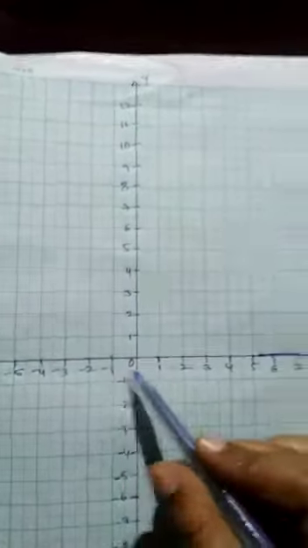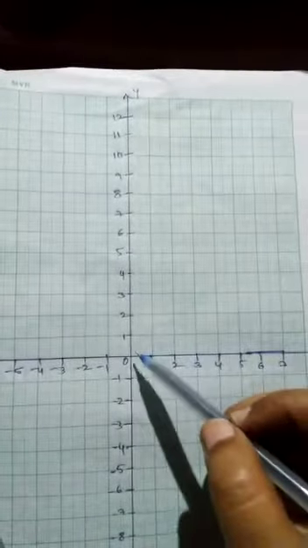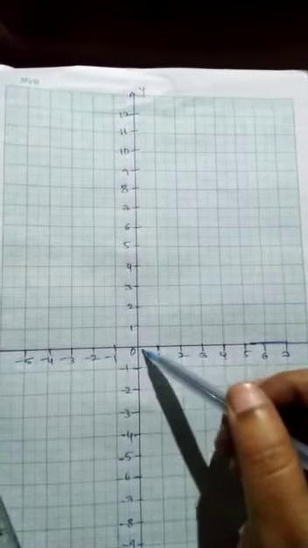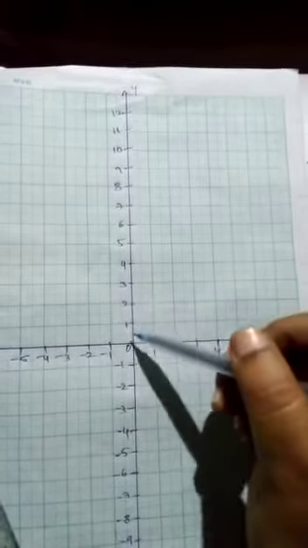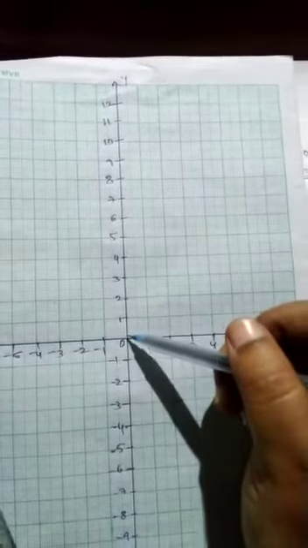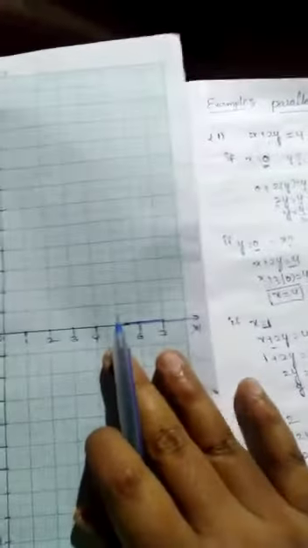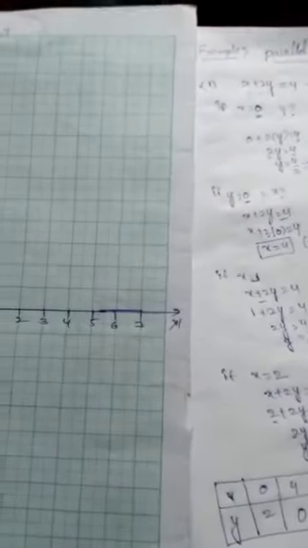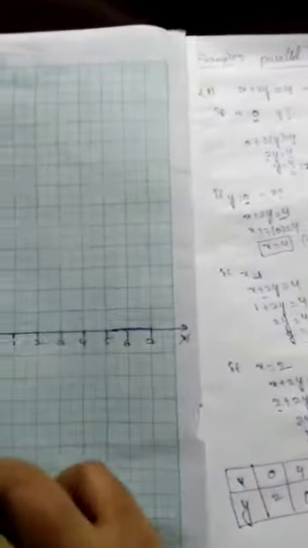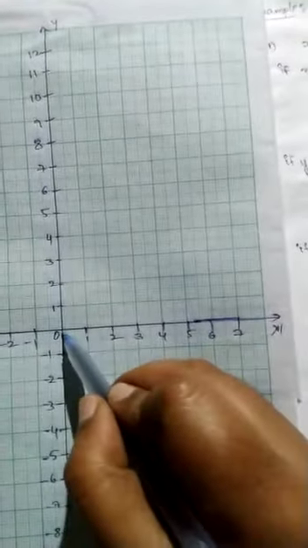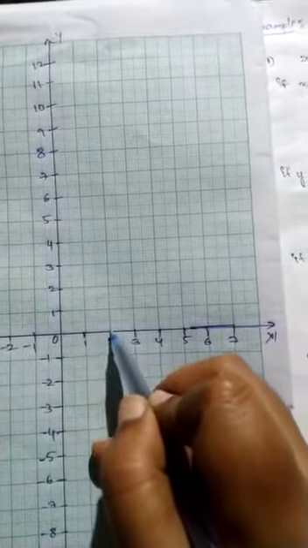So draw the x-axis and y-axis. Here the scale: on the x-axis 1 unit equal to 1, and on the y-axis 1 unit equal to 1. Here the points are: first point (0, 2), x-axis 0 and y-axis 2.